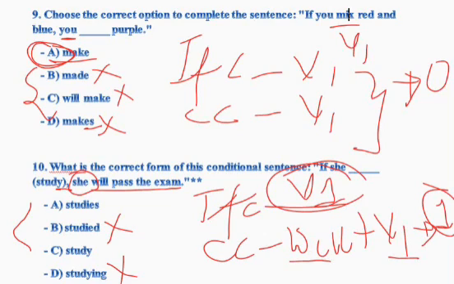If the subject is singular, the verb type that goes with a singular subject is A. So this is the answer.